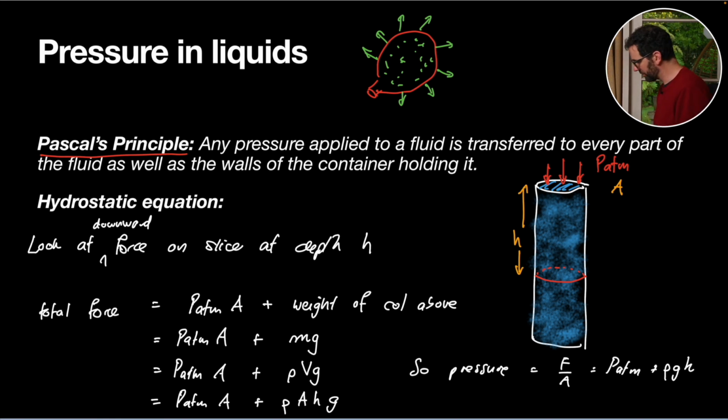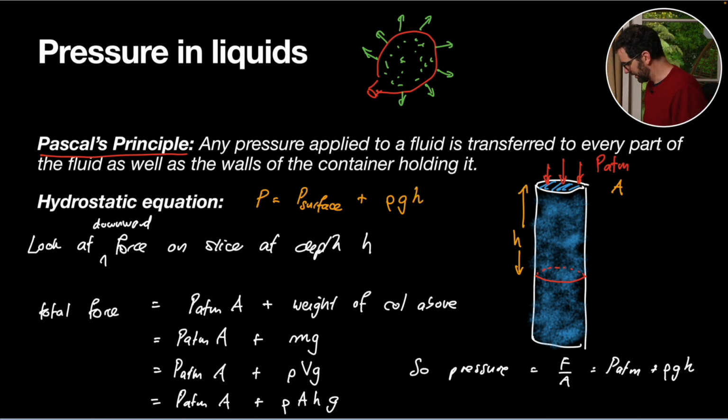So our pressure is equal to the atmospheric pressure plus rho times g times h. This equation is called the hydrostatic equation, and I'll write it down here. So P equals P surface, it might not necessarily be the atmosphere that we're dealing with here, plus the density of the fluid times g times the height of the fluid.